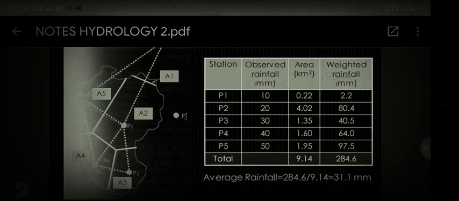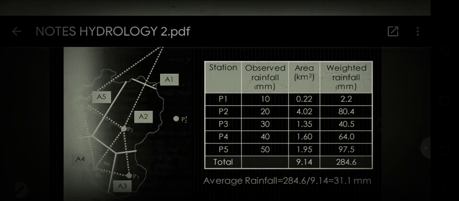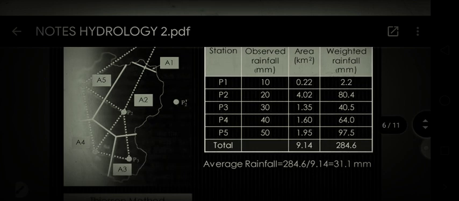The area of the triangle which has been assumed, if we measure it, is given as 0.22 up to 1.95. The weighted rainfall in millimeter will be 10 into 0.22, which is equal to 2.2, and 20 into 4.02, which will give the value 80.4, and the rest will give the same.